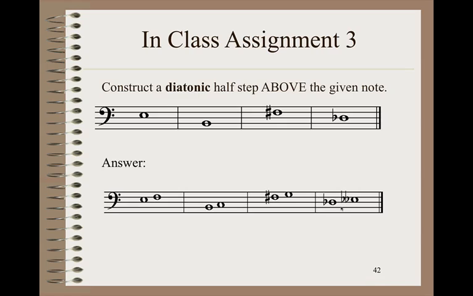So look at D flat, find that on the keyboard, and we're going above, which would actually be going up to a regular D. But we can't call it a regular D because it has to be a different name, so we have to call it an E double flat to be able to make that enharmonic idea with the half step.